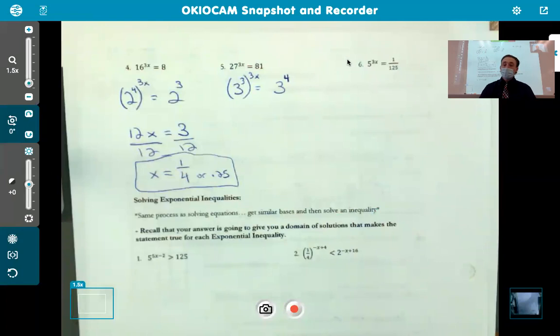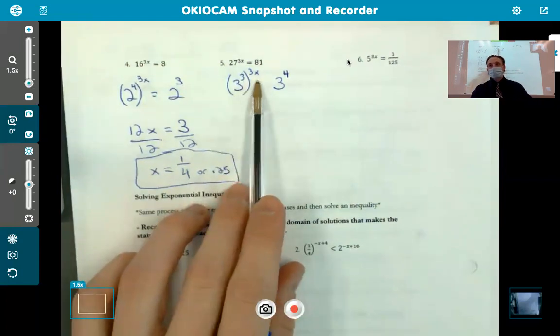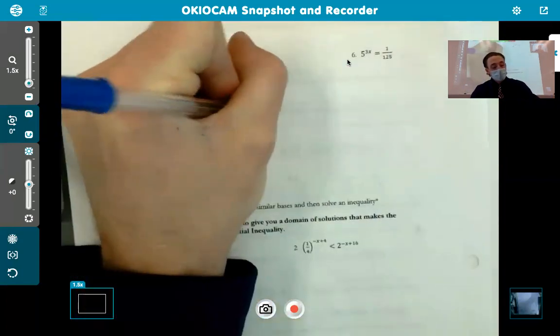Well, okay, so what do I have to do with the exponents? Right, I'm multiplying 3 by 3x. So I get 9x is equal to what?